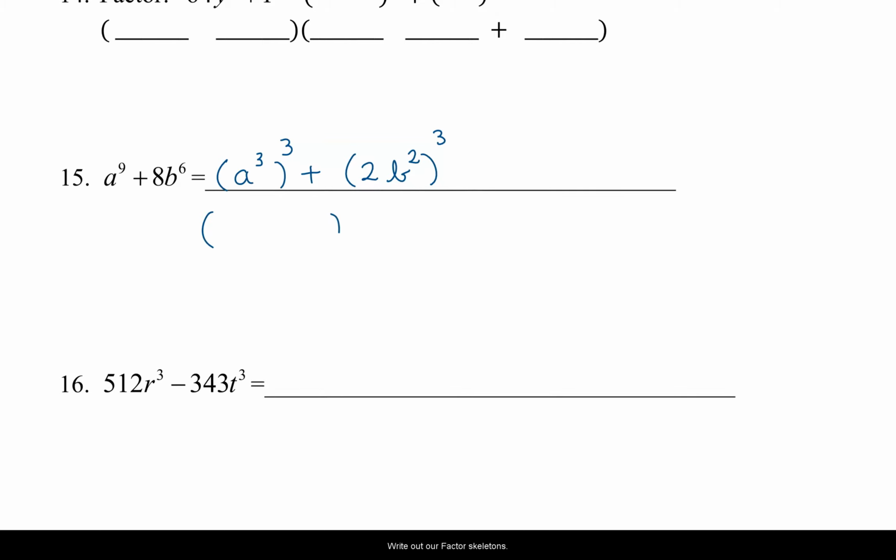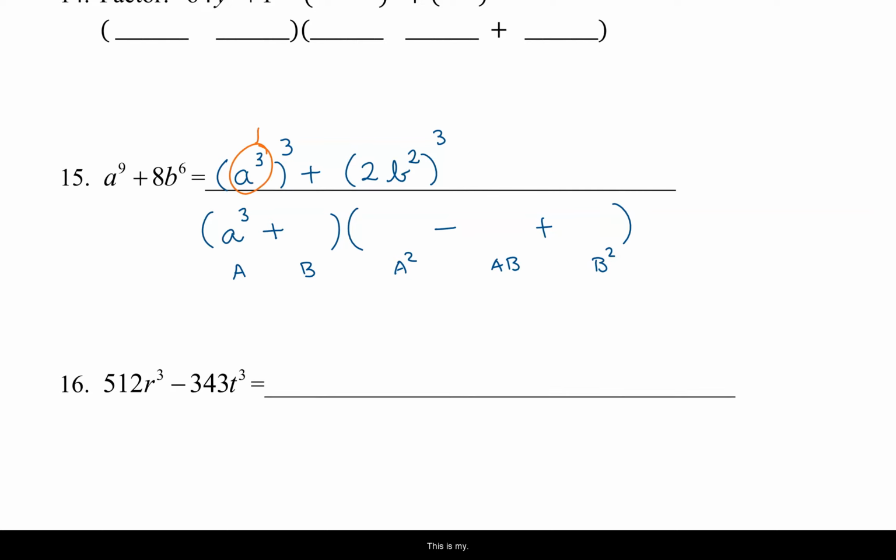We can write out our factor skeletons. Same sign, opposite sign, always positive. And then the pattern a, b, a squared, ab, b squared. Whatever's inside the parentheses is a.